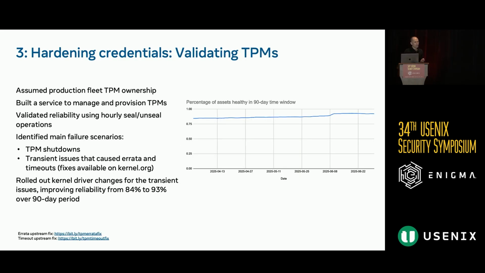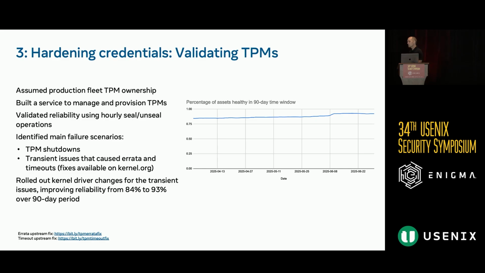As you can imagine, in order to use the TPMs for storage within the credentials, we actually had to take ownership of them. And we then provisioned the TPMs across the fleet, as we had previously not been using TPMs in any form in our environment. So we provisioned them during the base OS imaging, as well as during reboots for existing servers in the fleet.